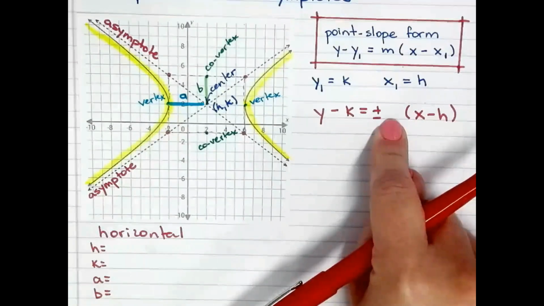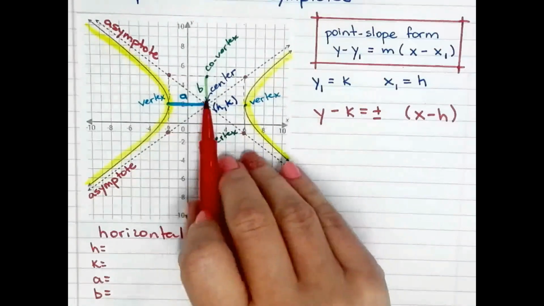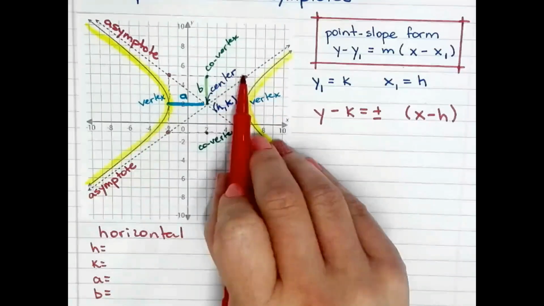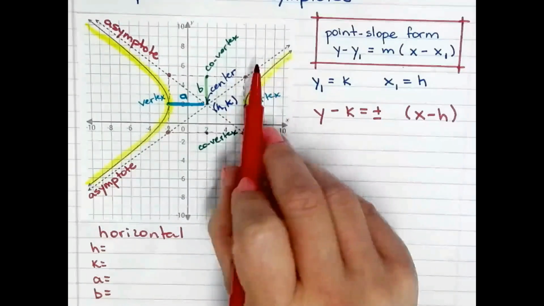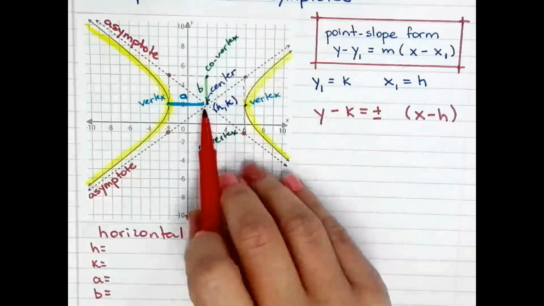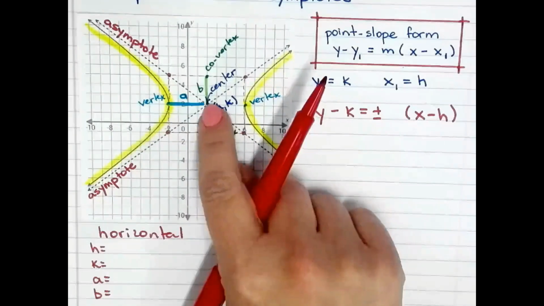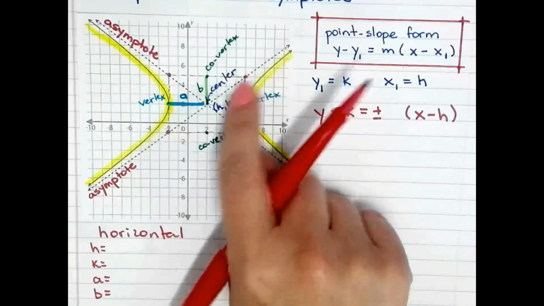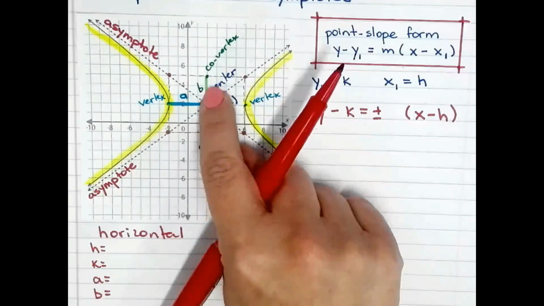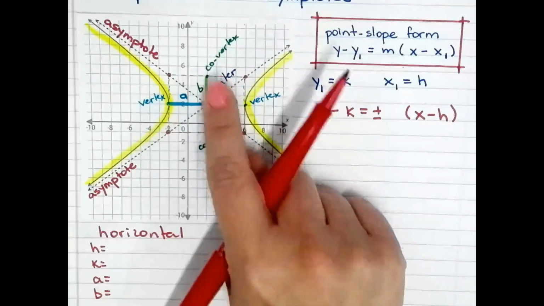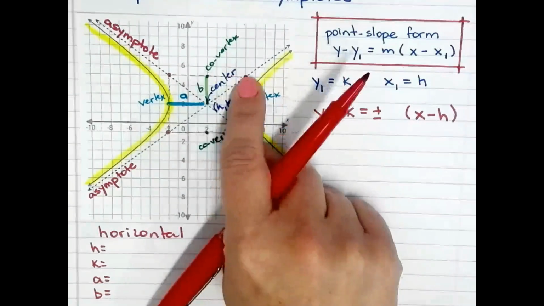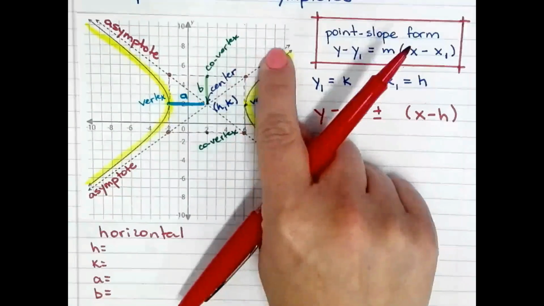M that you remember from when you're a little kid, rise over run. So you rise and you run. Rise, run. So it's still rise over run. But when you rise from the center to go to the next point over, you go up b units. So you go up b and over a. Go up b over a.